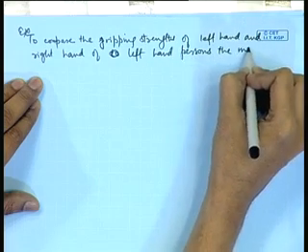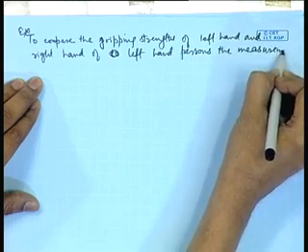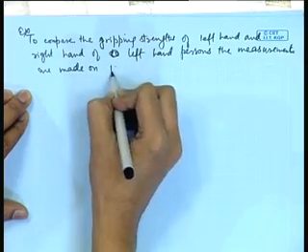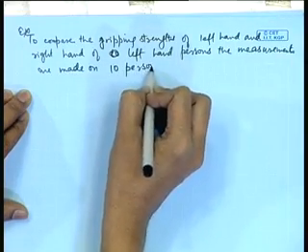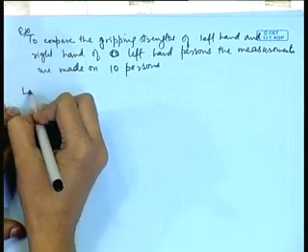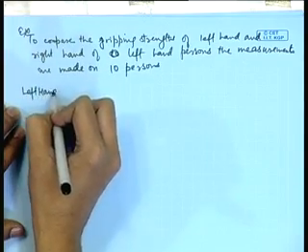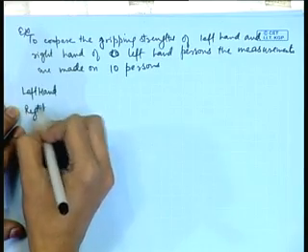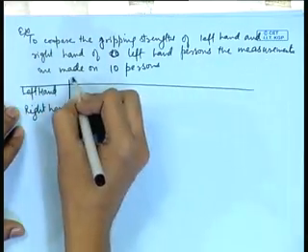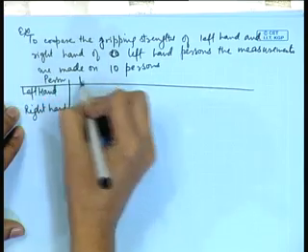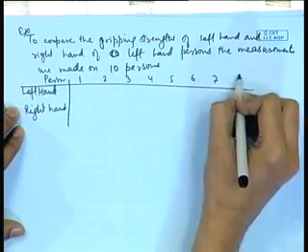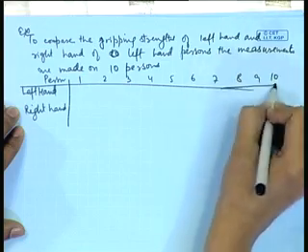The measurements are made on 10 persons and the data is observed. So, left hand and right hand, and we have persons 1, 2, 3, 4, 5, 6, 7, 8, 9 and 10.